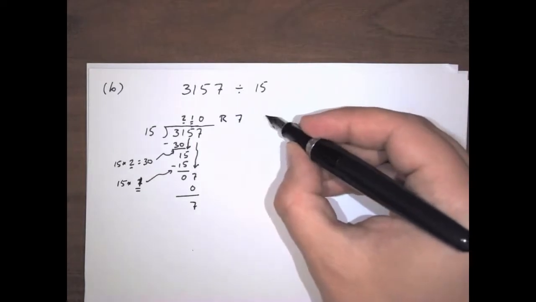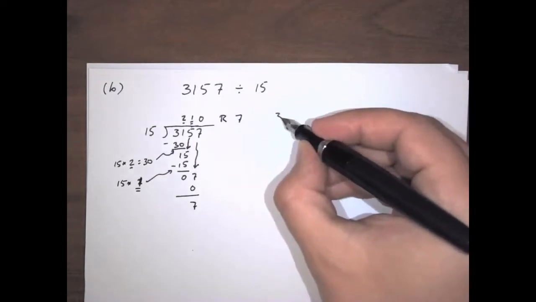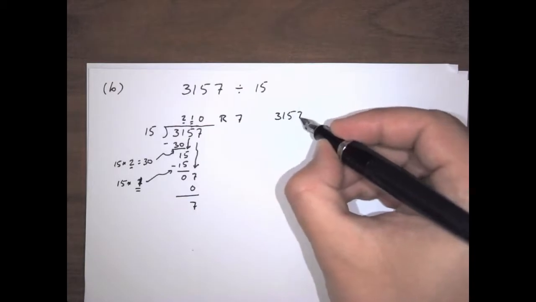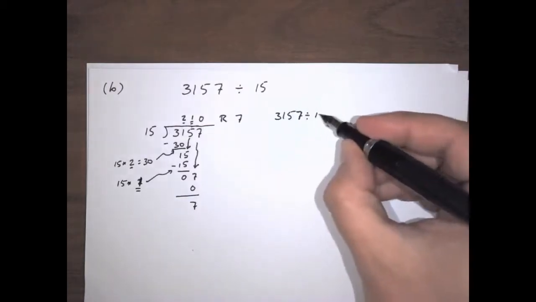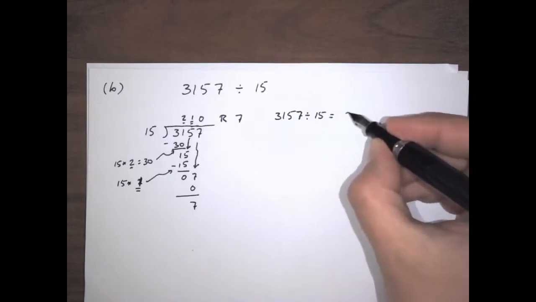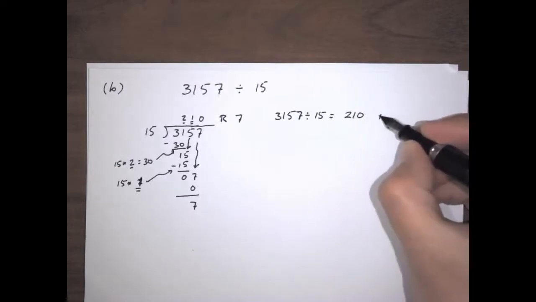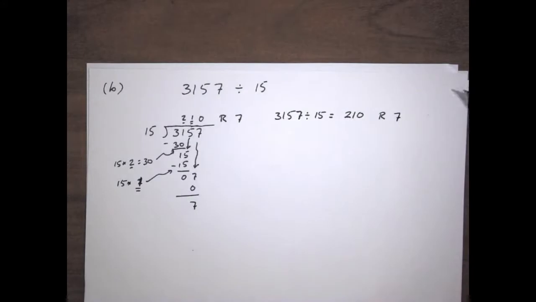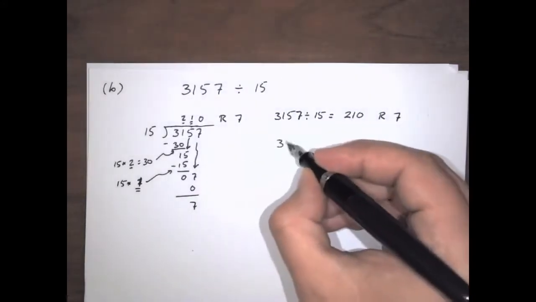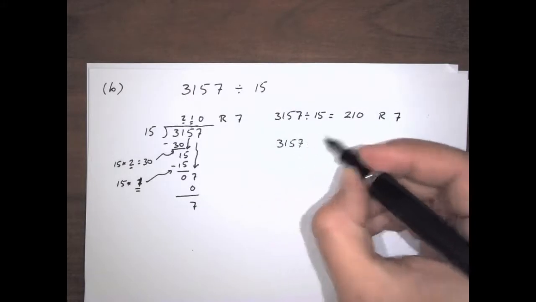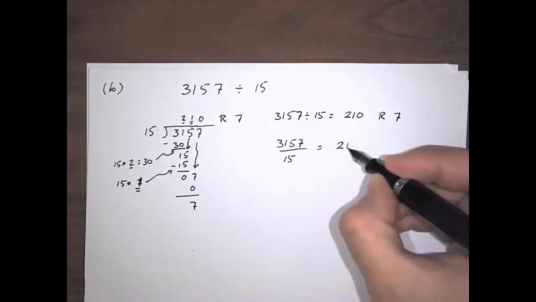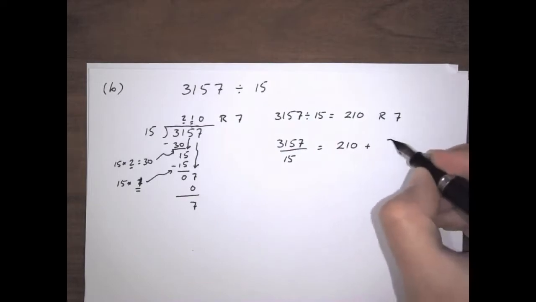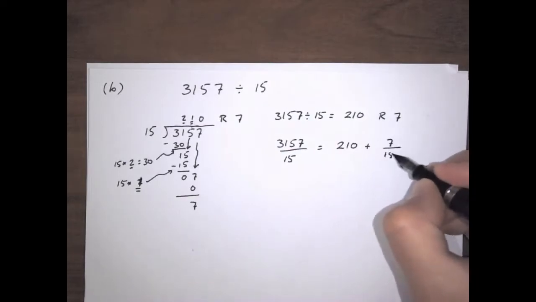So what that means is that 3157 divided by 15 is equal to 210 with a remainder of 7. Or in other words, 3157 divided by 15 is equal to 210 plus 7/15.